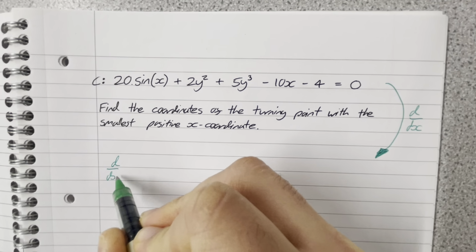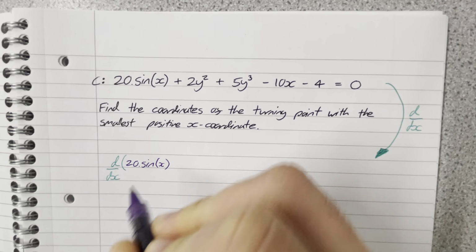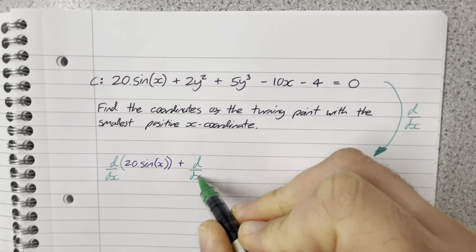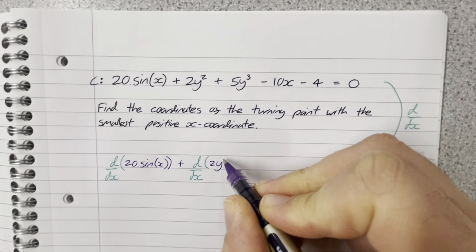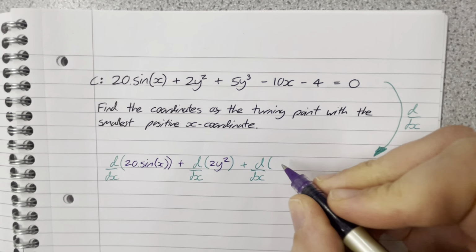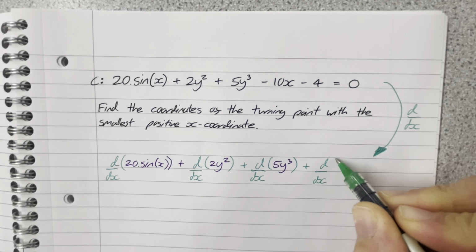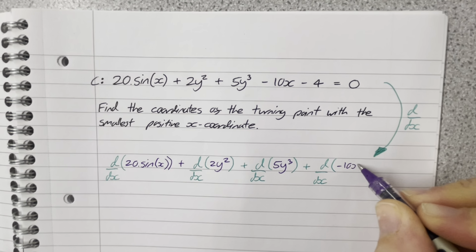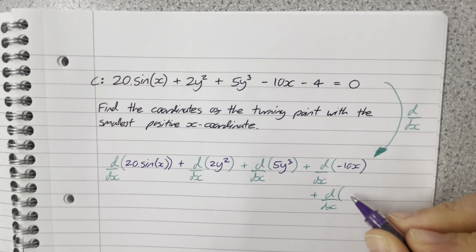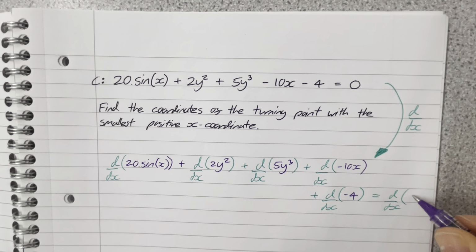So we're going to have d by dx of 20 sine x, plus d by dx of 2y squared, plus d by dx of 5y cubed, plus d by dx of minus 10x, plus d by dx of minus 4, and that's going to equal d by dx of 0.